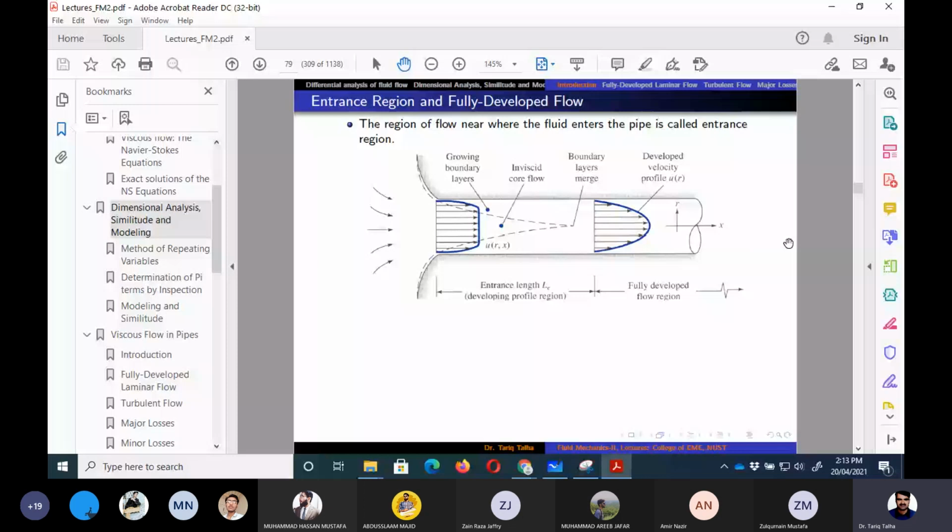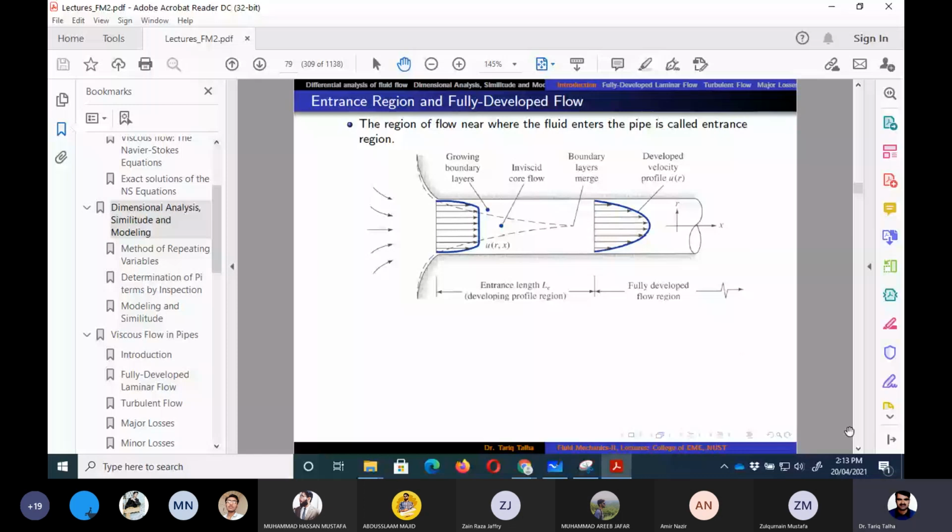So the entrance region is where the flow velocity is changing and the boundary layer is growing. Once they merge at the center line, there is no further growth of the boundary layer. That region is called the entrance region, and that length is called the entrance length.